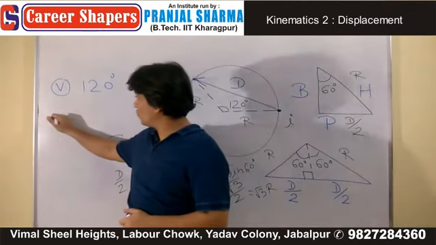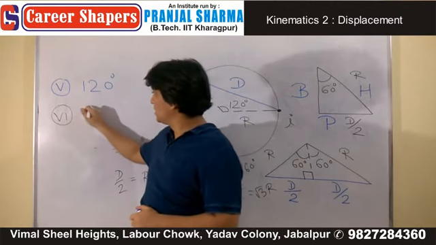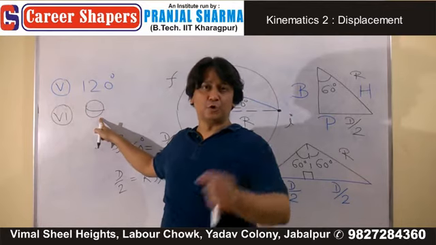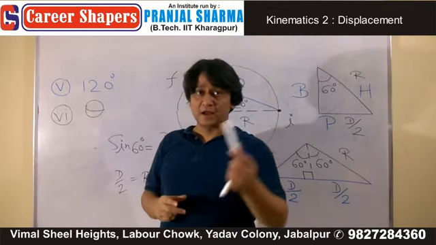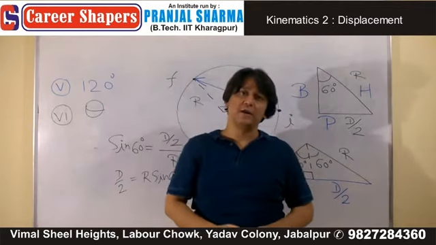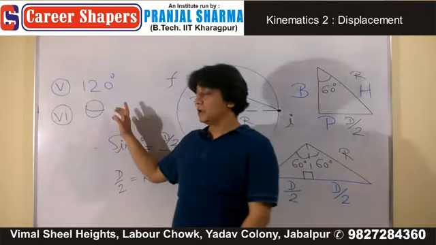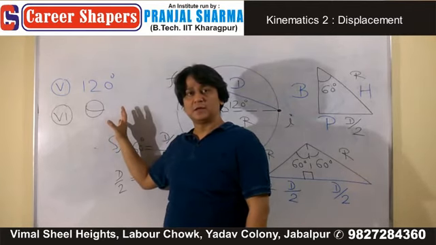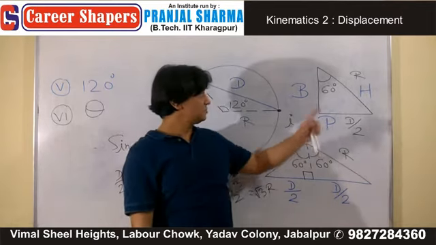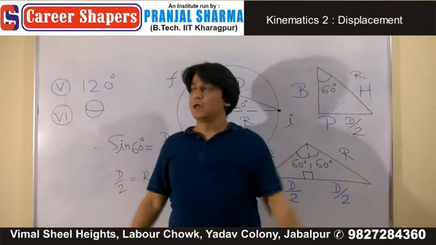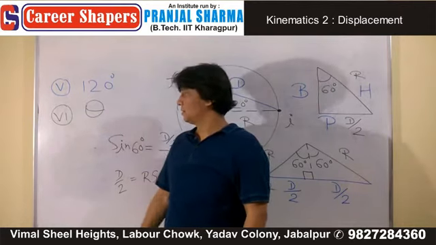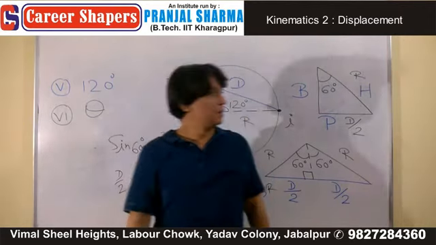Let's not waste time. We have been given that this is theta. I hope you know the symbol. This is theta. If angle covered is theta, then we need to find displacement covered by the object in terms of its radius r and angle covered theta. Good. Write down the question.